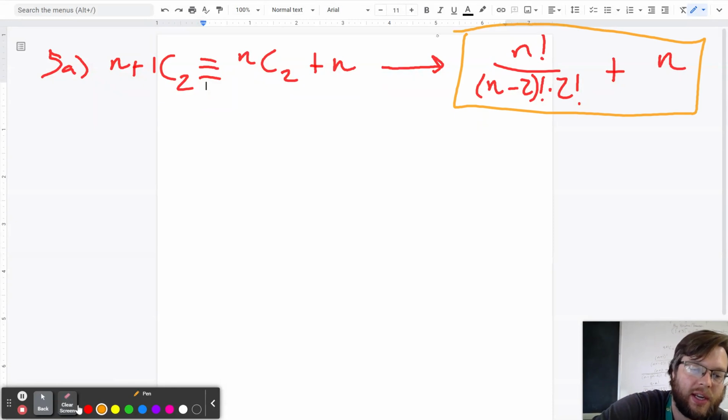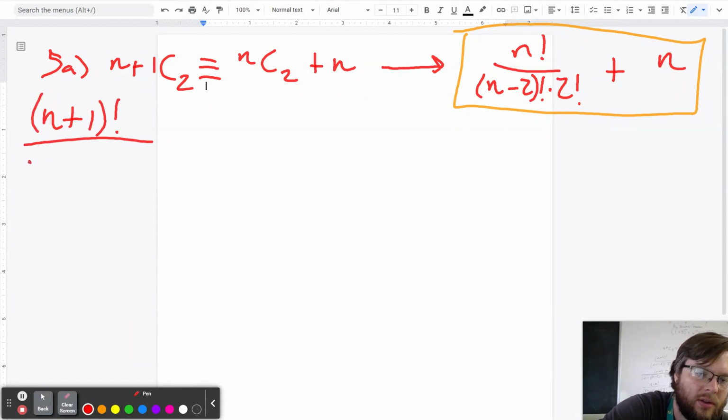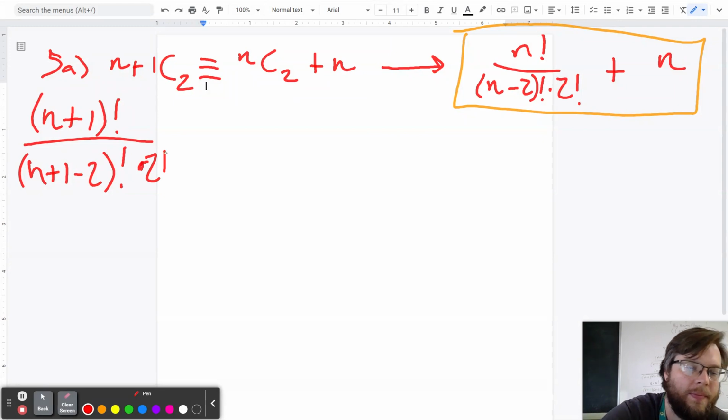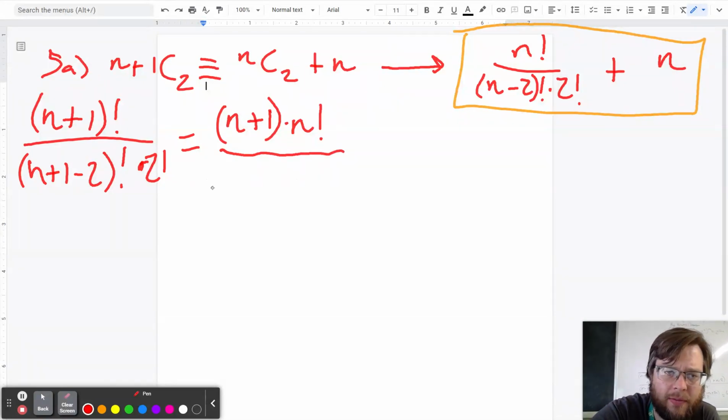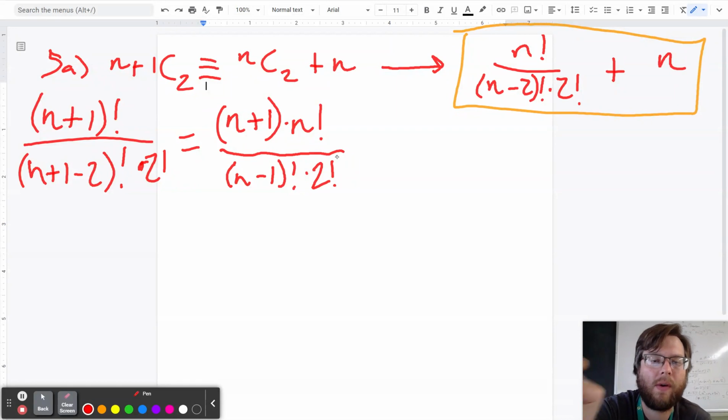I'm going to make the left side right now as n plus 1 factorial over n plus 1 minus 2 factorial times 2 factorial. And that becomes n plus 1 times n factorial, because I'm trying to match up my tops. And then n plus 1 minus 2 becomes n minus 1 factorial times 2 factorial.